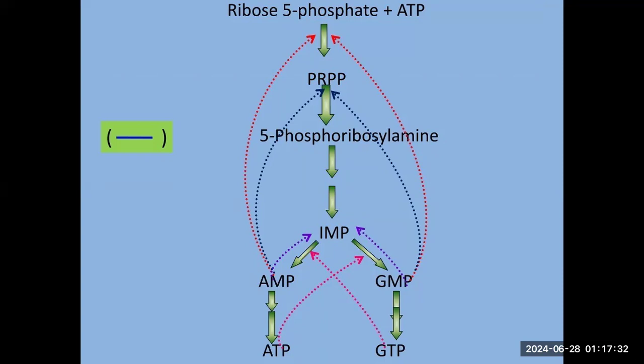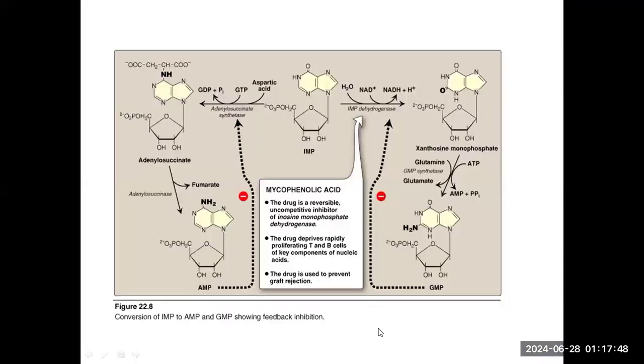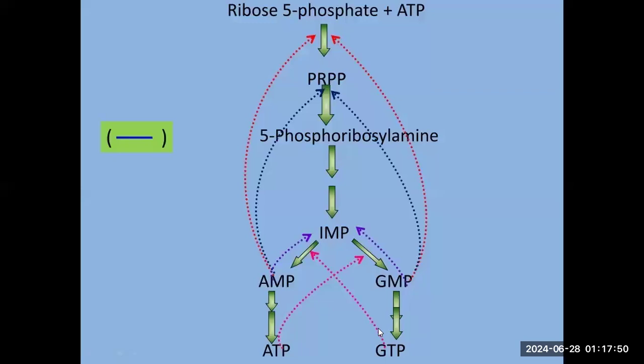You can see right here. The excess of ATP blocks the enzyme that converts IMP to GMP so that no more GTP or GMP is required, and the excess of GTP controls the conversion of IMP to AMP. This is the first line of control.